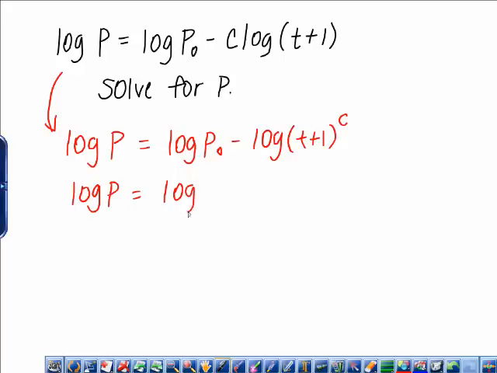Okay, now let's write this as a single log. So I have P naught, or P sub 0, on the top, and then I have T plus 1 to the power of C in the denominator. So now P has to equal this expression right here.